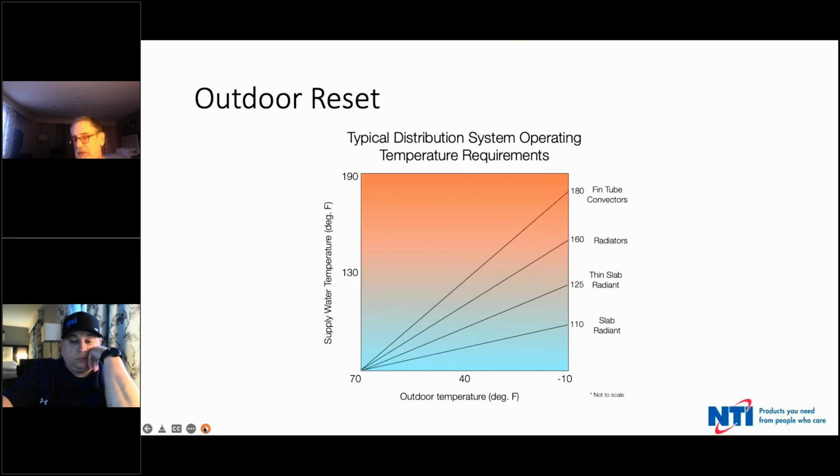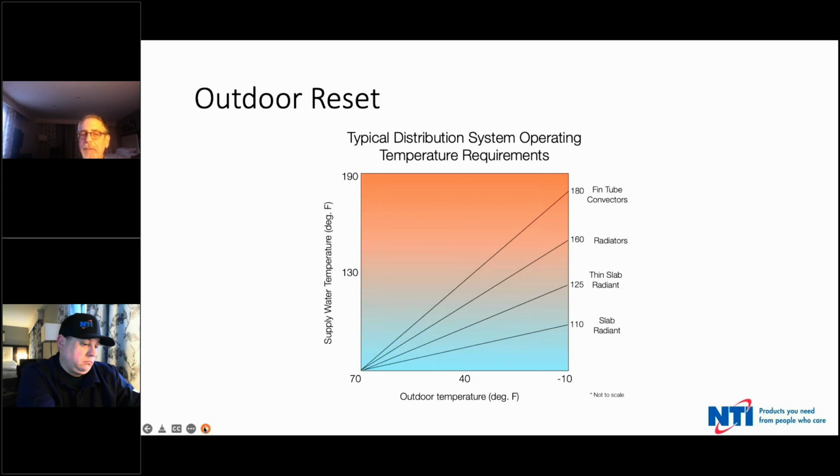And even different types of radiant behave differently. There's a slab radiant, a thin slab, a slab on grade. There's a thin slab radiant, like an overpour. There's staple up, with plates or without plates below the floor. Radiators tend to be sort of halfway in between.